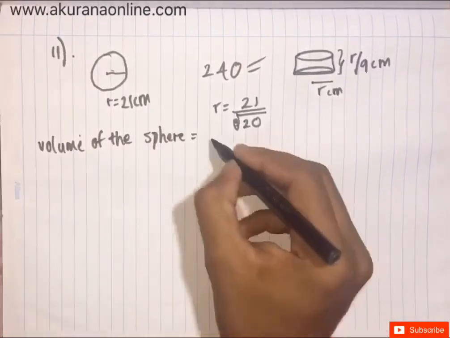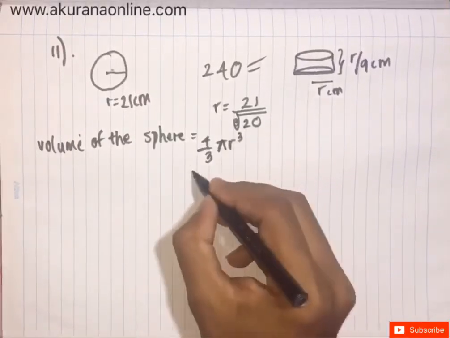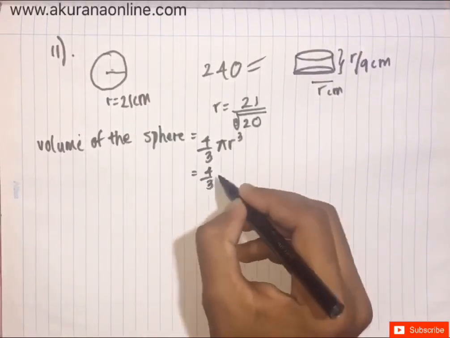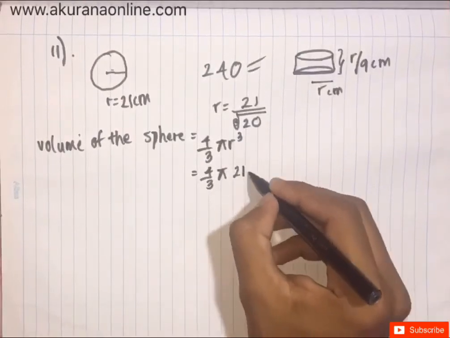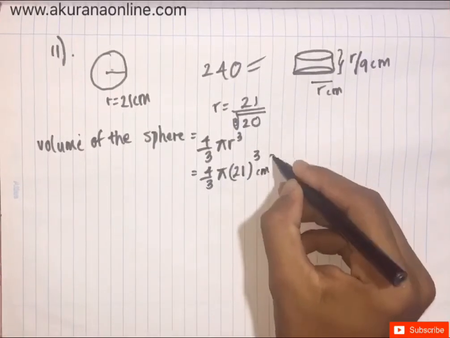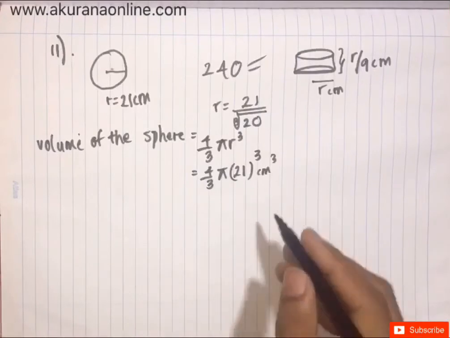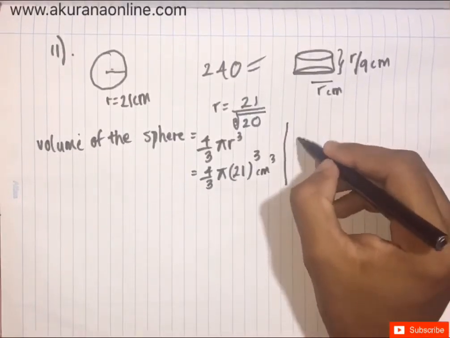What is the equation? 4 over 3 pi r cube. Therefore 4 over 3 pi, let us leave as pi, r is equal to 21, I'll take the cube. Don't forget the units, centimeter cube is there. Also, volume of the cylinder.